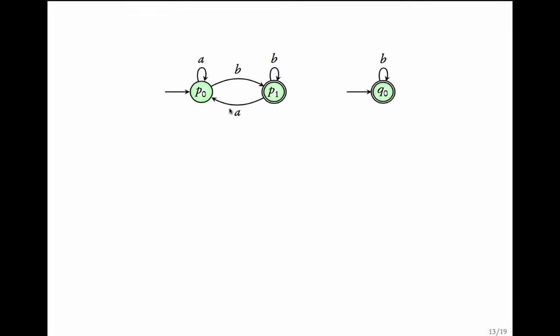This is a Büchi automaton for the language consisting of infinitely many B's, and this is the Büchi automaton for the language consisting of B to the omega, the singleton B to the omega. So the intersection of these two should be what? Should be just B to the omega. Let us try to get this through our synchronous product.